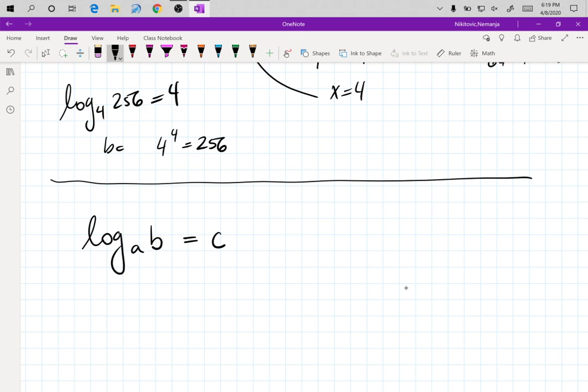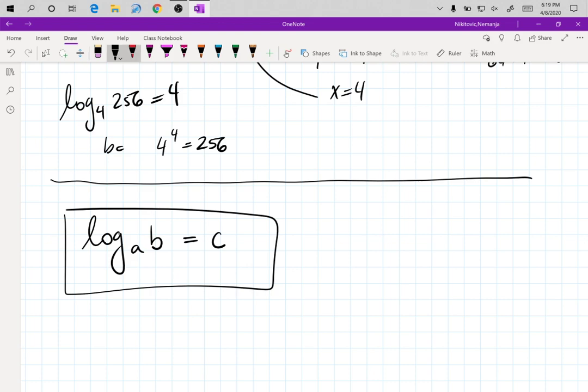But before we get there, I want to dissect one more time this thing over here and say that this over here is read as a base, and this one over here is the number. The c on the other side is the exponent, I mean the solution, which is the exponent. And if you convert it in this form, then a to the c equals b.